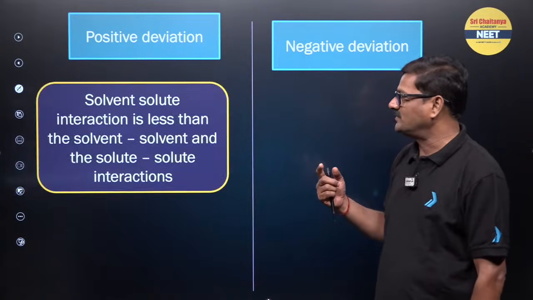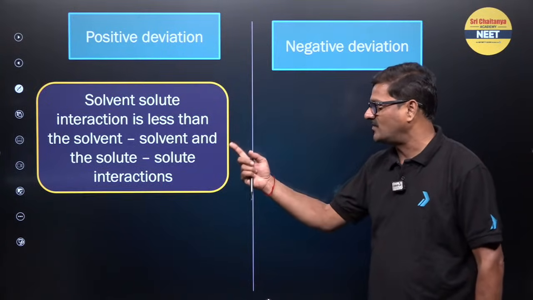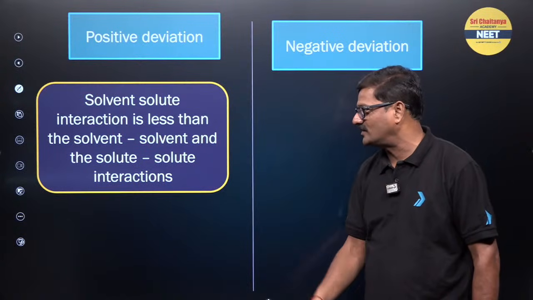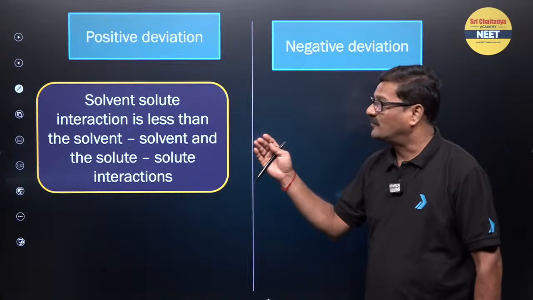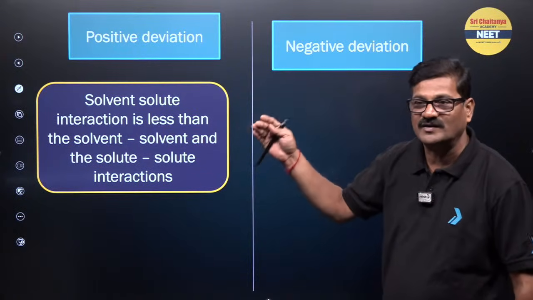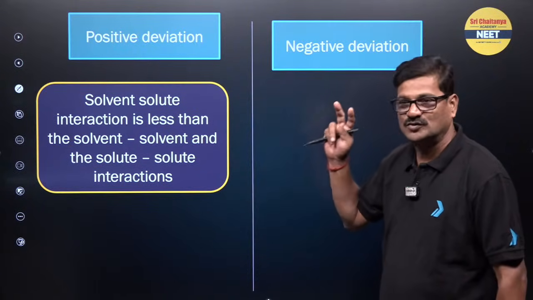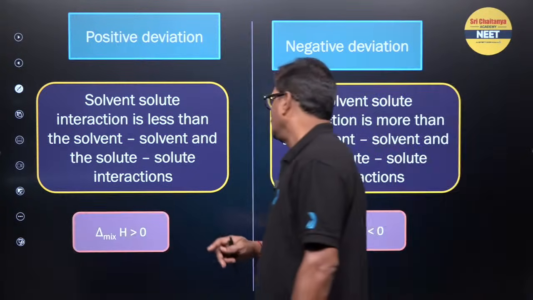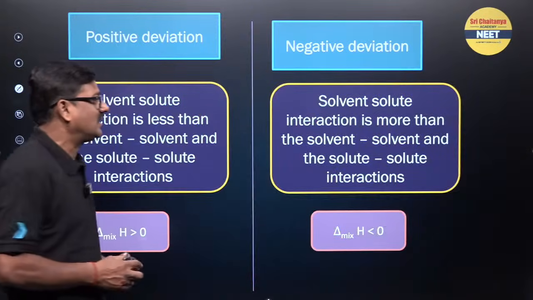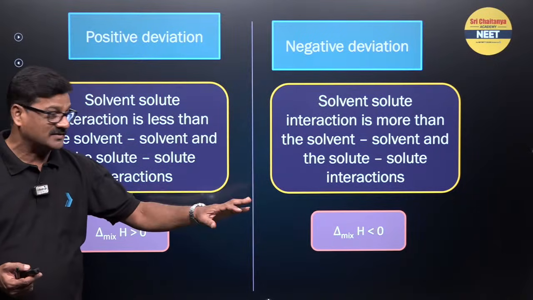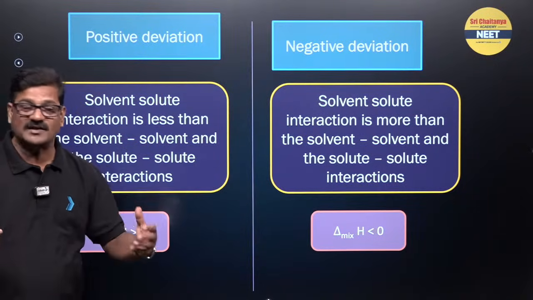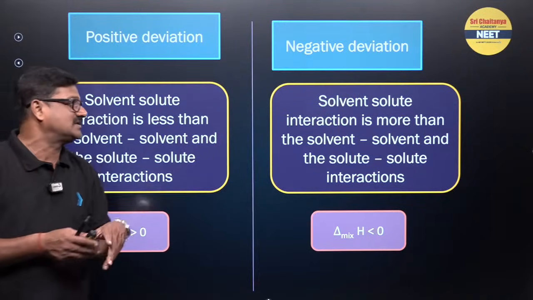In the positive deviation, solvent-solute interaction is less than that of solvent-solvent and solute-solute interactions. Intermolecular forces are decreased when you add two liquids. In the negative deviation, solvent-solute interaction is more, so intermolecular forces increase, so vapor pressure decreases.